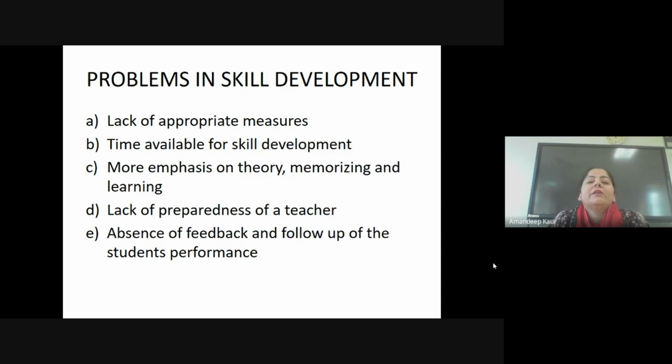Another important problem we are all facing as far as skill development is concerned is that our evaluation system mainly focuses on the theoretical component. We are focusing on memorization and learning. When it comes to the final examination, students as well as faculty members are more concerned about theoretical concepts instead of giving attention to the practical activity or practical remarks.